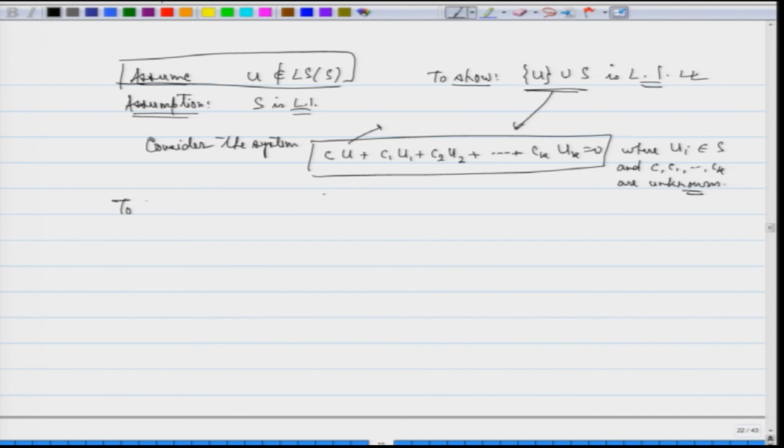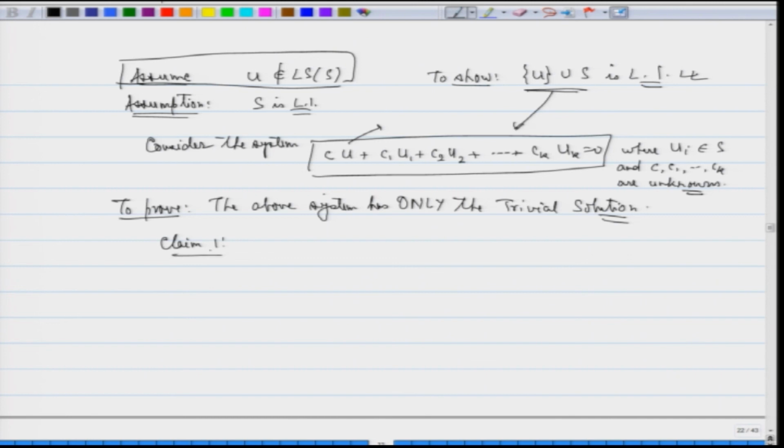To prove the above system has only the trivial solution. Fine. So, claim 1: C is equal to 0. If C is equal to 0, this will imply that we are looking at the system C1 U1 plus C2 U2 plus CK UK is equal to 0.